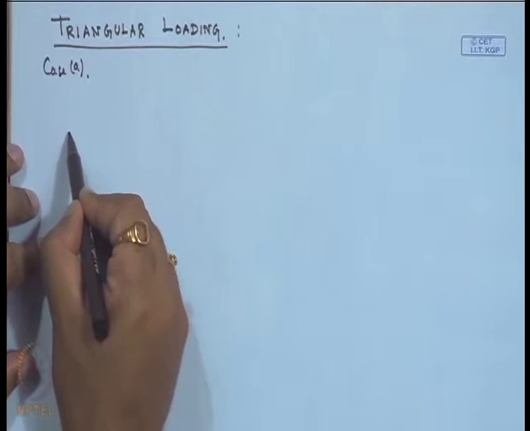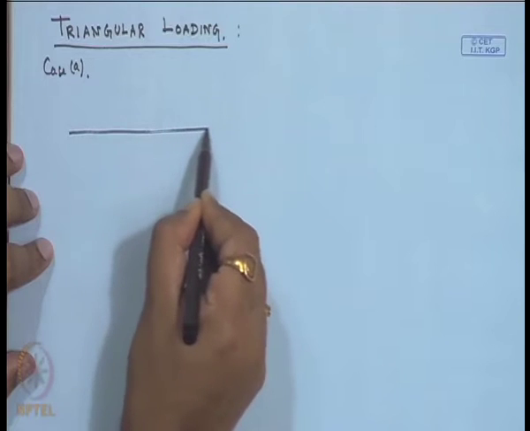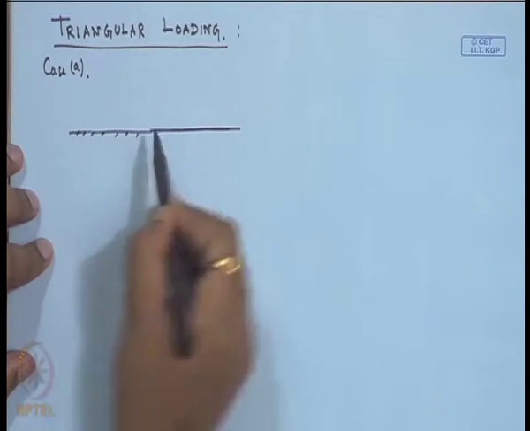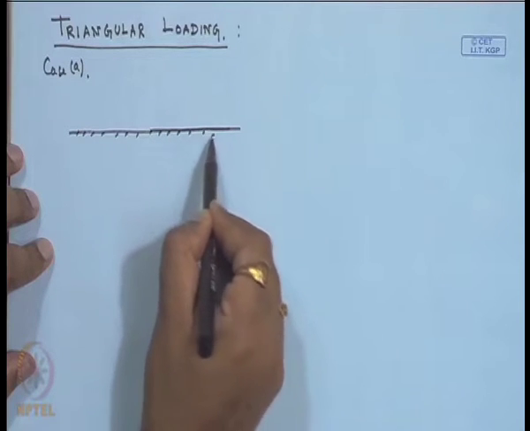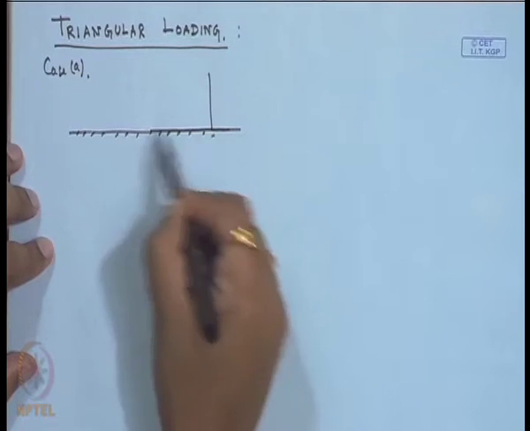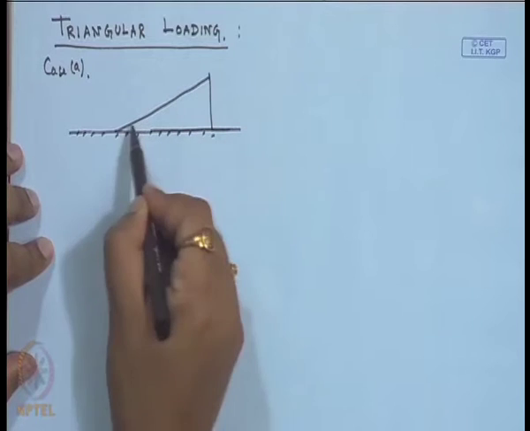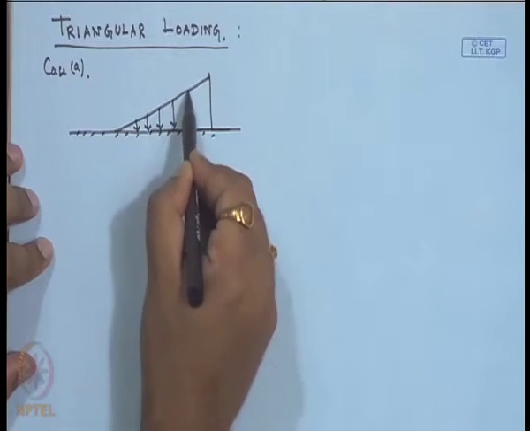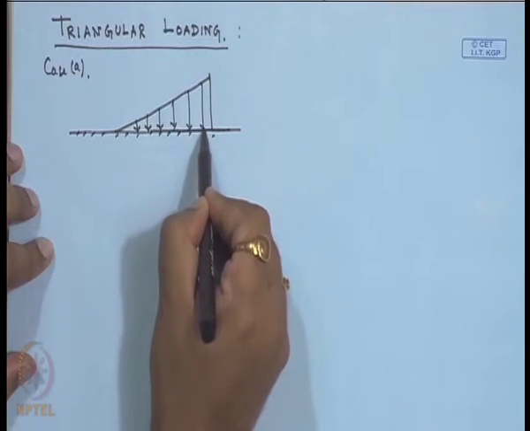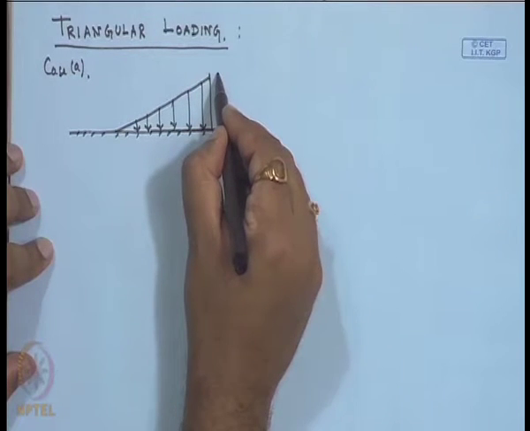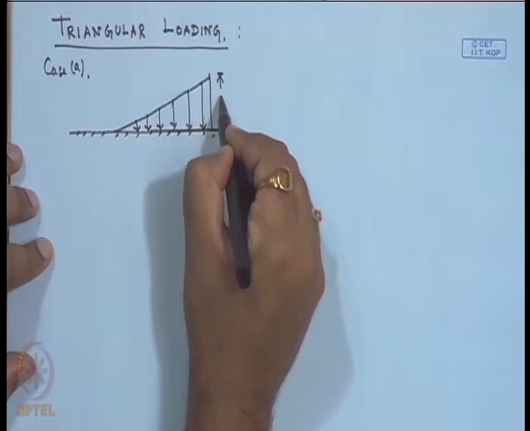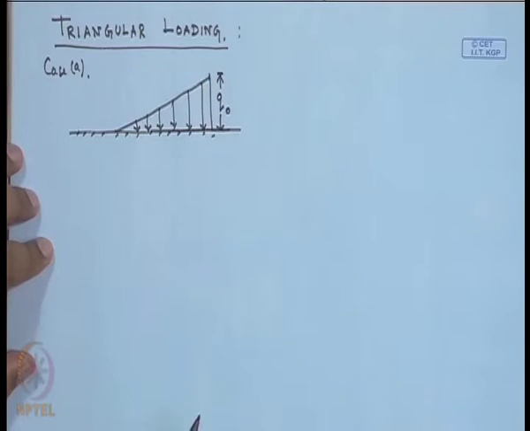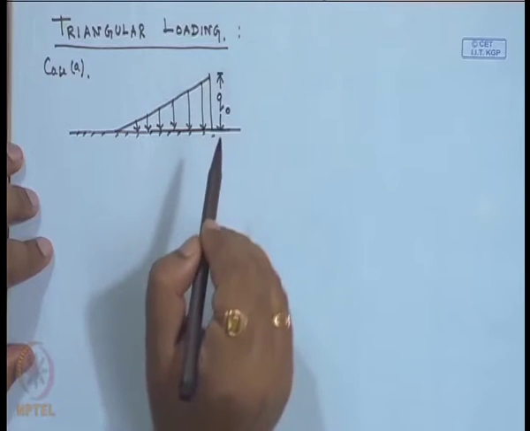So, first, this is an infinite beam which is subjected to a triangular type of loading, where intensity is varying with distance and the maximum is q 0.